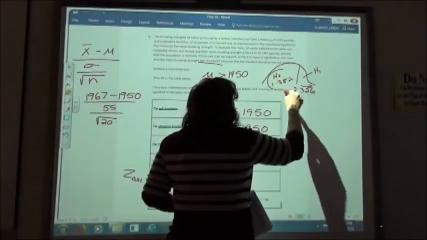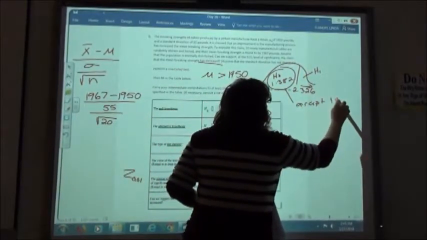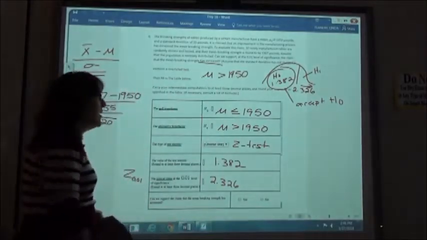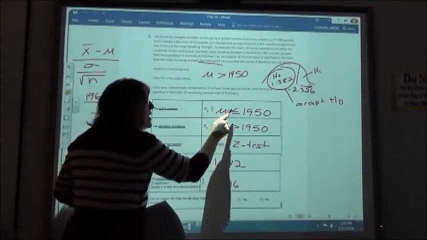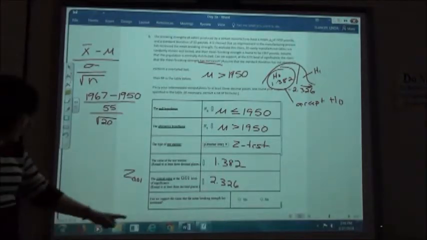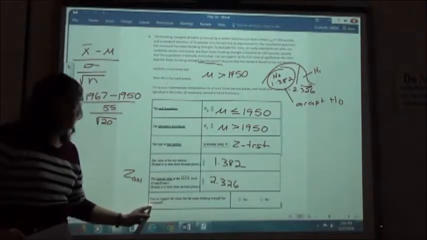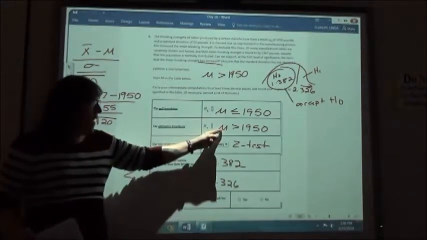So, since this is where my test is, I have to accept whatever my null statement was. So I have to accept that the mean is less than or equal to 1950. The question says, can we support the claim that the mean has increased? No, we can't accept that.